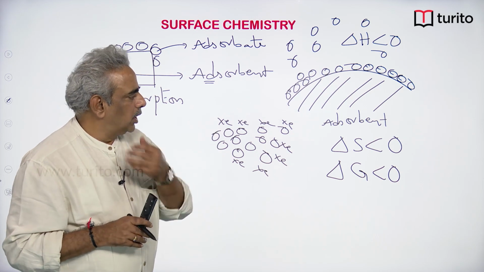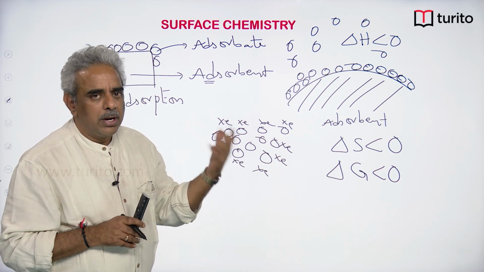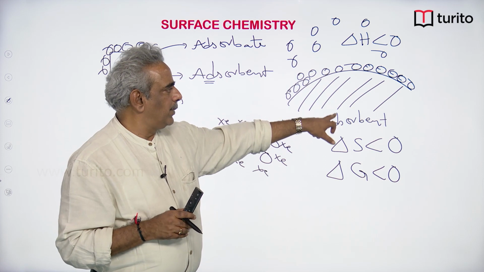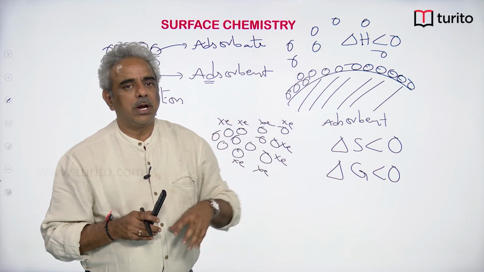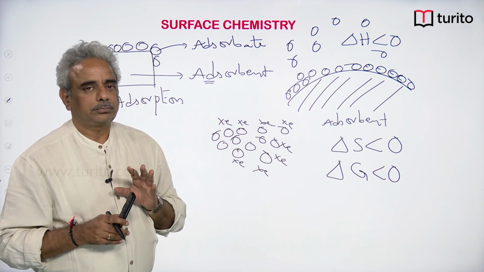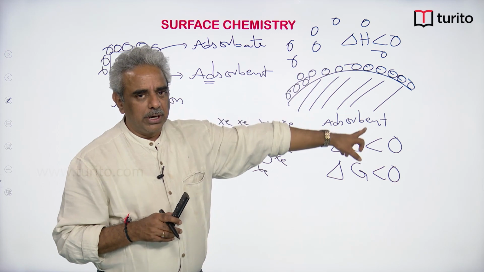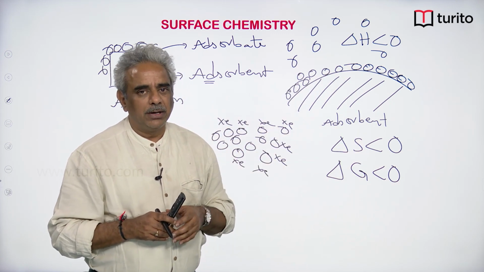So, this is how we have to keep some words and phenomena in mind before actually entering into the subject. So far you have learnt the words adsorbent, adsorbate, gaseous adsorbate getting settled on the adsorbent. During adsorption, delta H negative, delta S negative, delta G negative, that also you keep in mind.